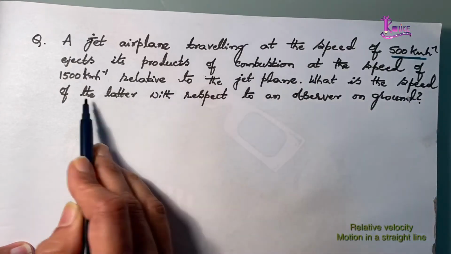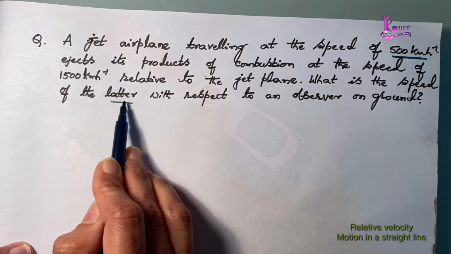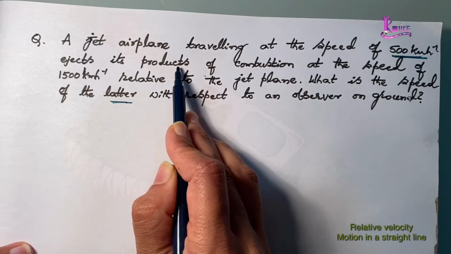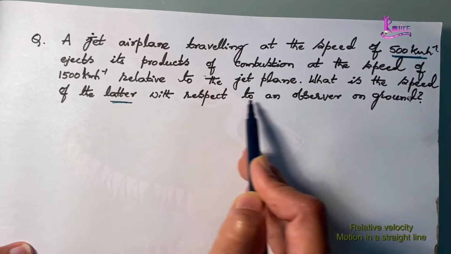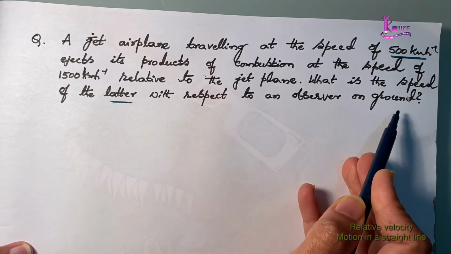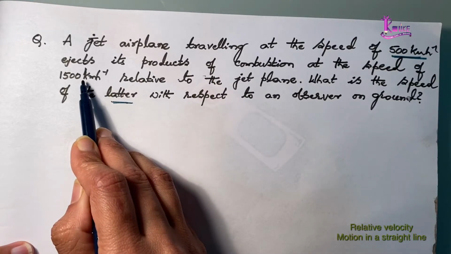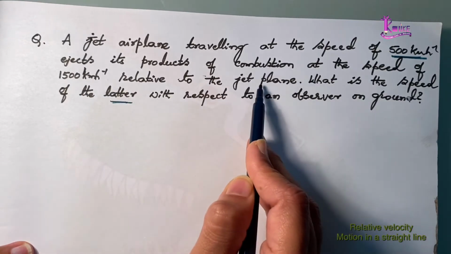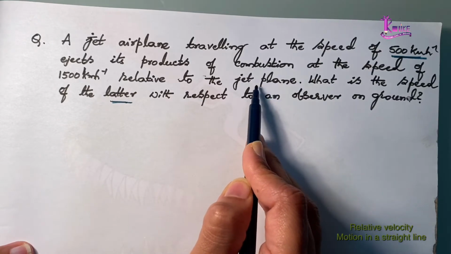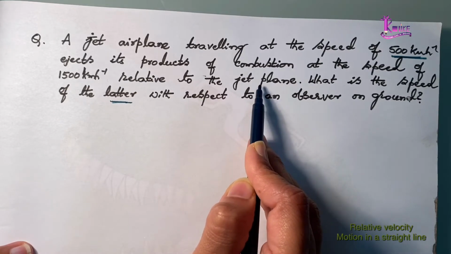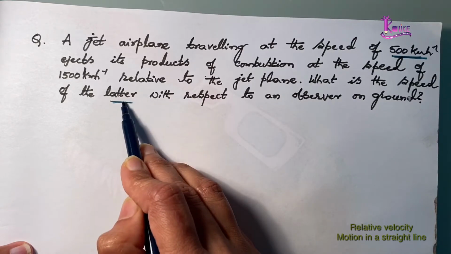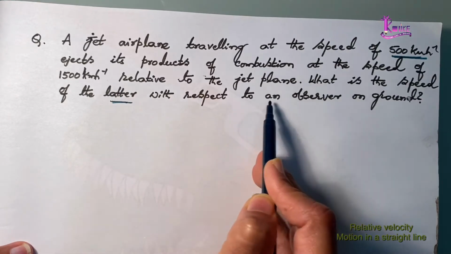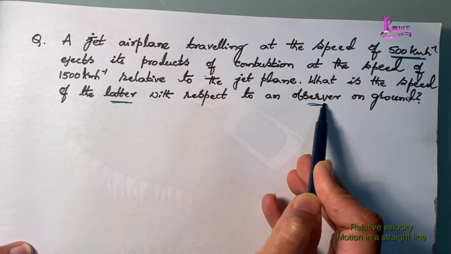What is the speed of the latter? Latter in the sense it is the products. So, you have to calculate the speed of the products with respect to an observer on the ground. We know the speed of the products with respect to a frame of reference that is in motion, which is the jet plane, whereas we do not know the speed of the products with respect to an observer on the ground.